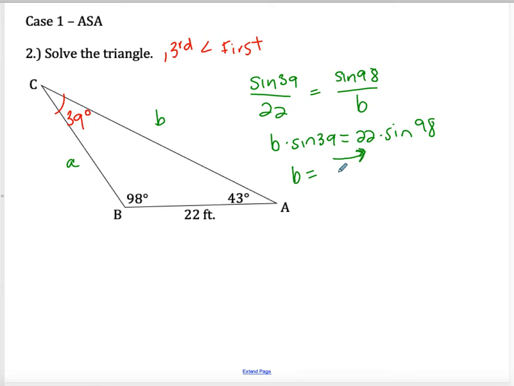So 22 times the sine of 98 is going to be divided by the sine of 39. Did I hear 34.6? Good job.